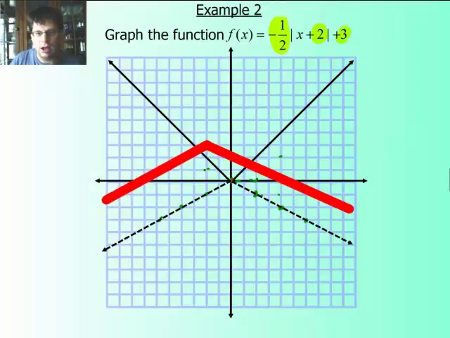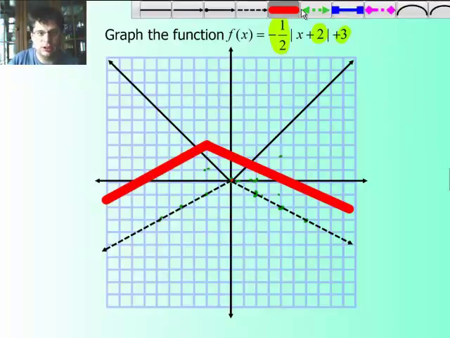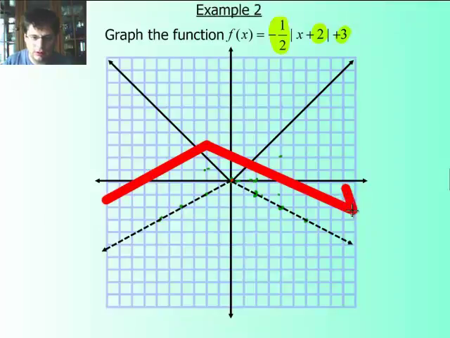Okay. As always, don't forget your arrows. Let's see. So there's no doubt as to what my final graph is. There it is. Okay, so I've vertically compressed it, and we transformed it to the left and up, and it's reflected. So there we go.